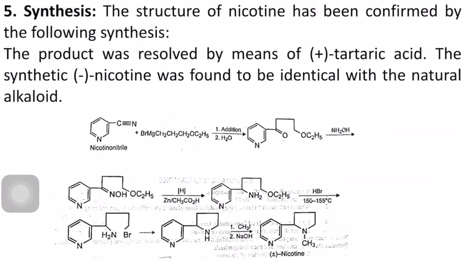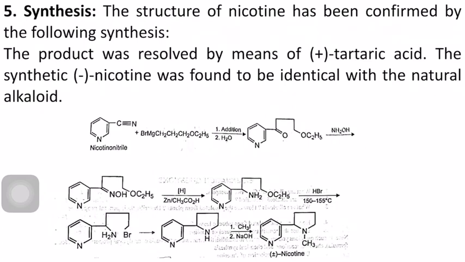See, the structure of nicotine is confirmed by its synthesis. For the synthesis of nicotine, the starting material is nicotinonitrile. It is treated with a Grignard reagent to form a compound like this with the keto group. Then the keto group is converted into oxime. Then it is converted into amine. Then the ethoxy group is converted into Br by treating with HBr at 150 to 155 degrees centigrade.